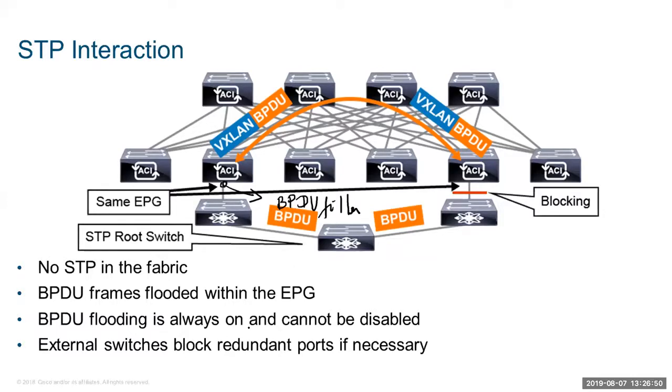BPDU flooding is different from data plane flooding. Data plane flooding, you can turn on and off. We had broadcast, where you can choose to flood it, and unknown unicast, where you can choose to flood it. You have the option, but for BPDU flooding, you cannot turn it off. All you can do is use BPDU filters or BPDU guards.